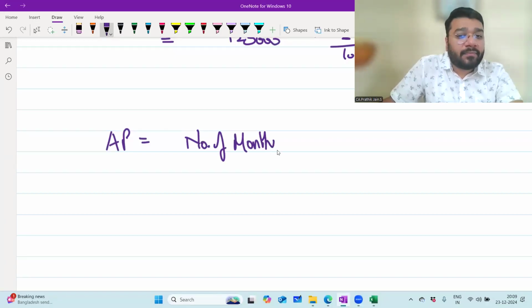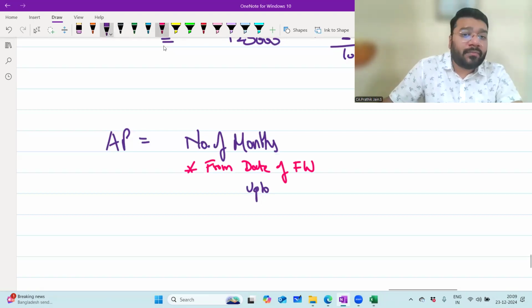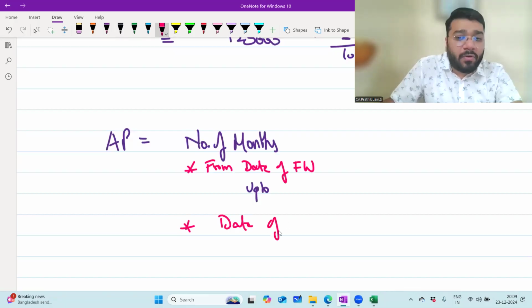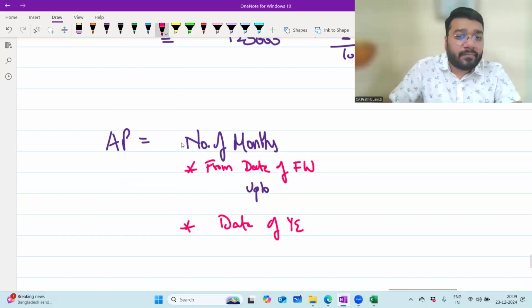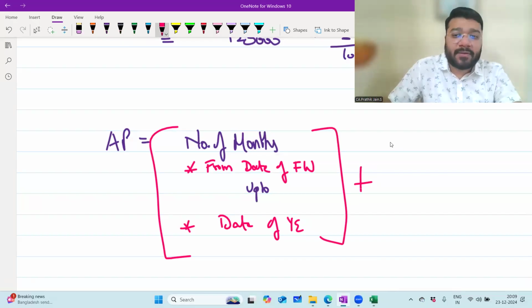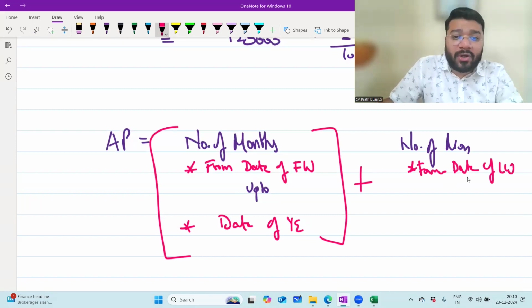I need to calculate the number of months from the date of first withdrawal up to the date of year end, that is 31st March, plus the number of months from the date of last withdrawal up to the date of year end.